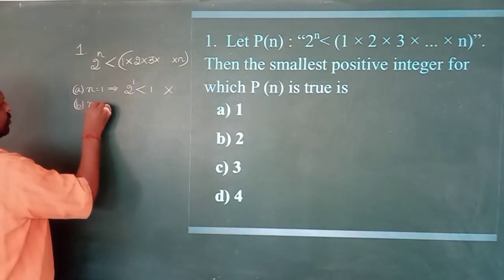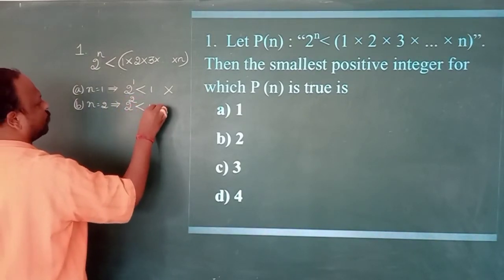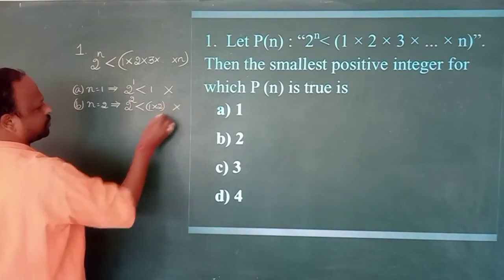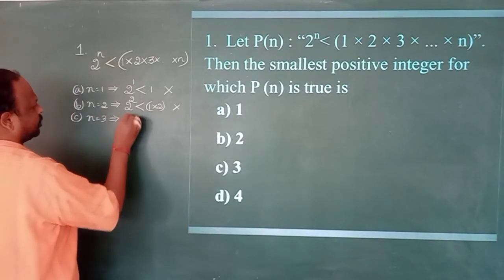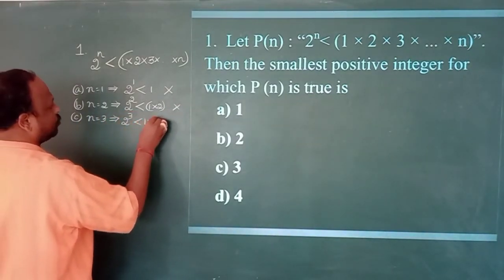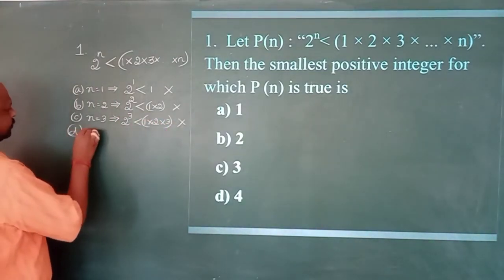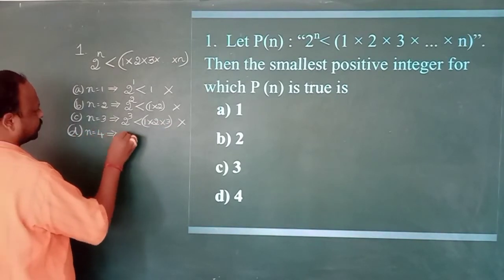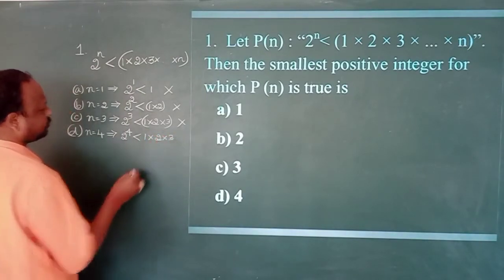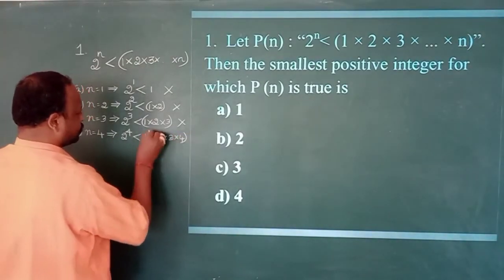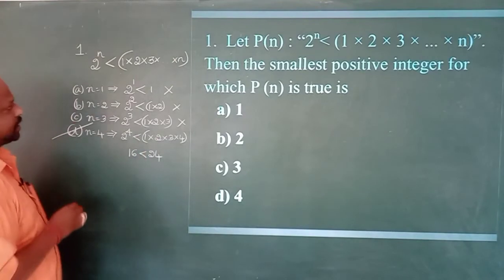Option 2, n is equal to 2, 2 square less than 1 into 2. This is also not possible. Similarly, option C, n is equal to 3, 2 cube less than 1 into 2 into 3. Not possible. Option D, n is equal to 4, 2 power 4 less than 1 into 2 into 3 into 4. So nothing but 16 less than 24. Option D is the correct answer.